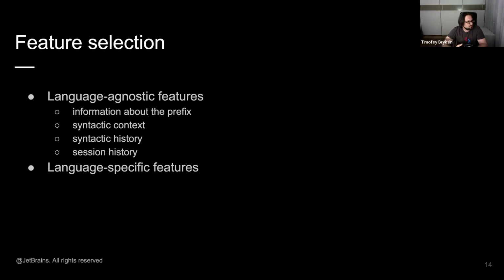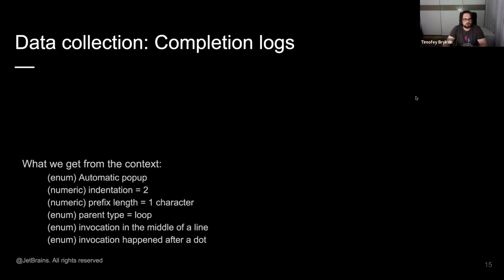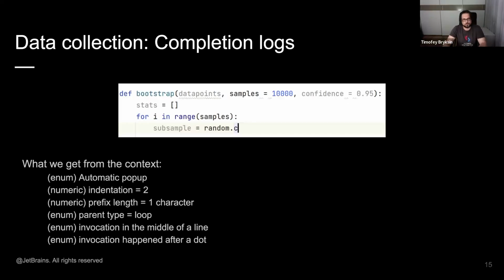Initially we had several hundred of such metrics, and then we looked at feature importance and applied different techniques to see whether the model actually uses the data or not. In the end, the list is different for every language, but it's somewhere near 150 to 180 features or something like that.